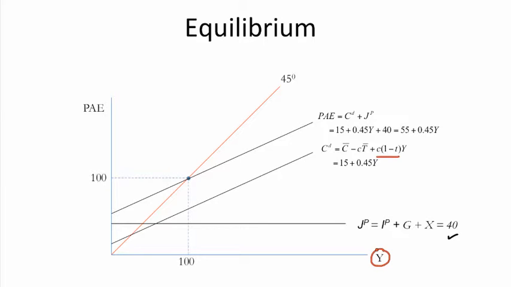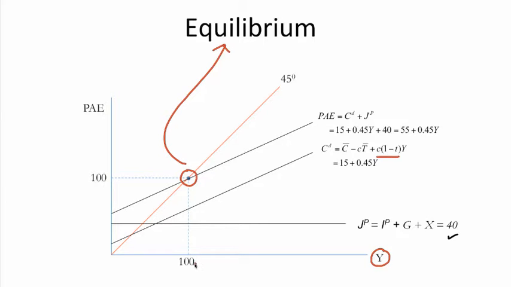The point at which planned aggregate expenditure crosses the 45-degree line is very significant for us. That point represents the economy's equilibrium. The way to understand that point, or the way to interpret it, is as follows.